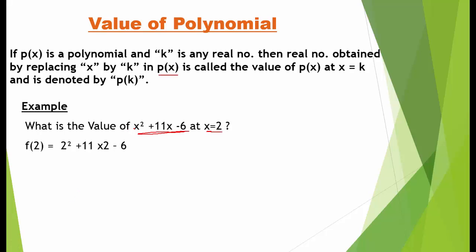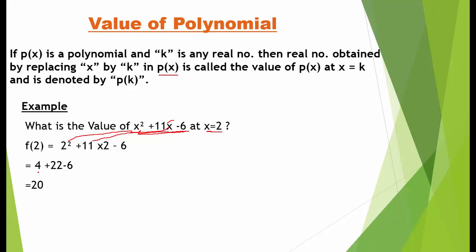Now replace this x with this k. Here k is 2, so replace x with 2. This becomes 2 square plus 11 into 2, and minus 6 as it is. Now solve. 2 square means 4, plus 11 into 2, 22, minus 6.